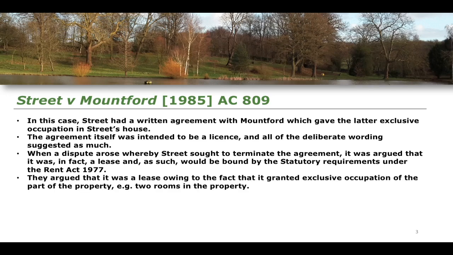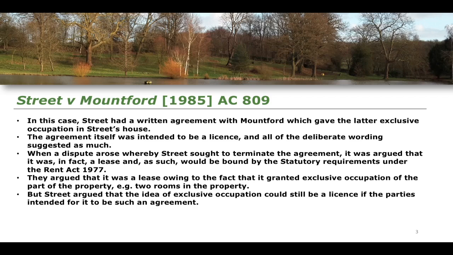They argued that it was a lease, not owing to the fact that there was an intention to create a lease, but rather because it granted exclusive occupation of part of the property, namely of 2 rooms within the property. So they made the conclusion that essentially you may have called it a license, but in fact what you had created was by all accounts a lease, owing to the characteristics of it.